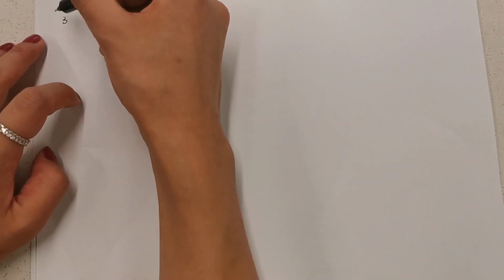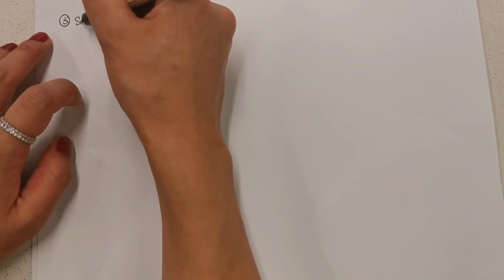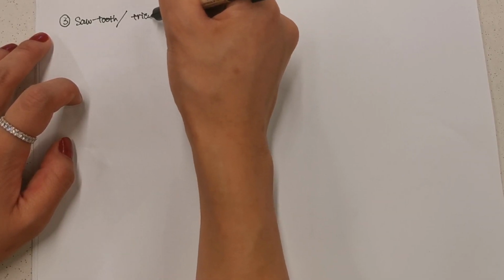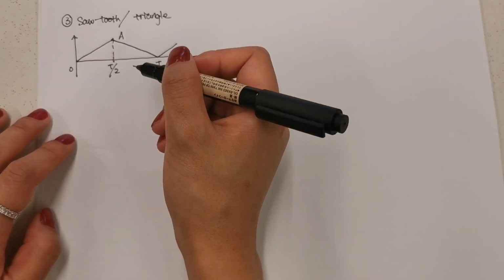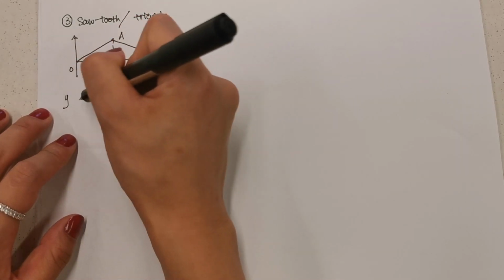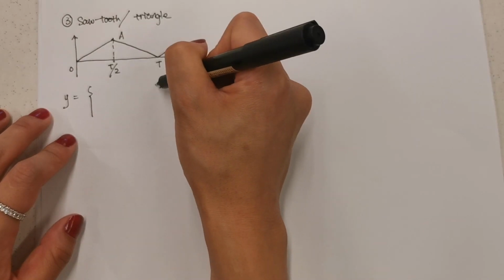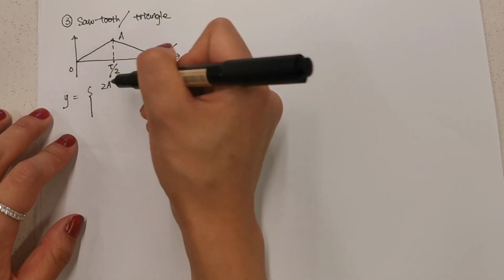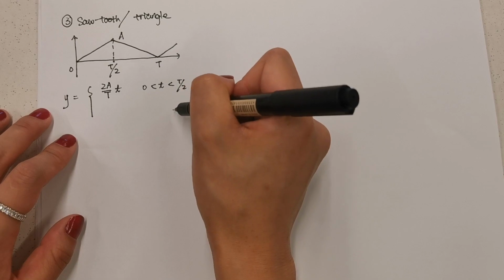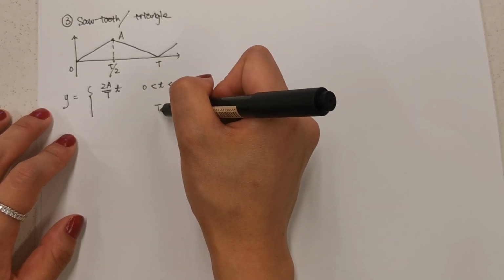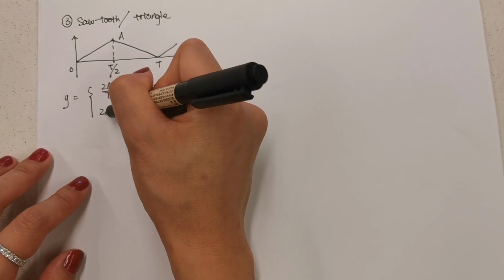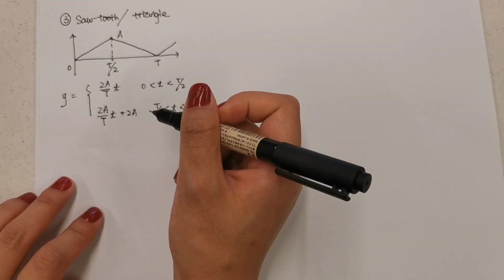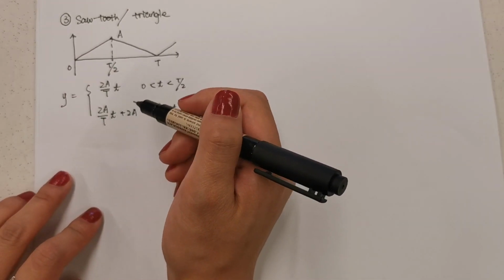The third waveform we're talking about is the sawtooth, or we say triangle, waveform. The function of this waveform is, when t is between 0 and half of the period, 2A divided by T times t. When t is between half of the period and T, the function is 2A times (1 minus t divided by T). We also put this into our definition of RMS.